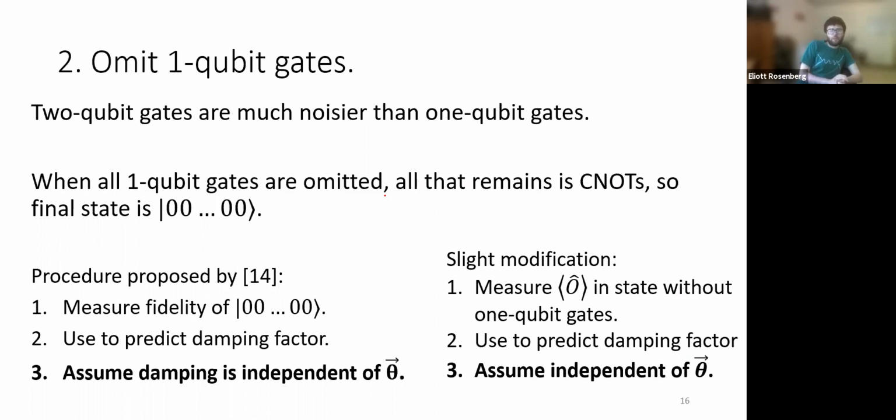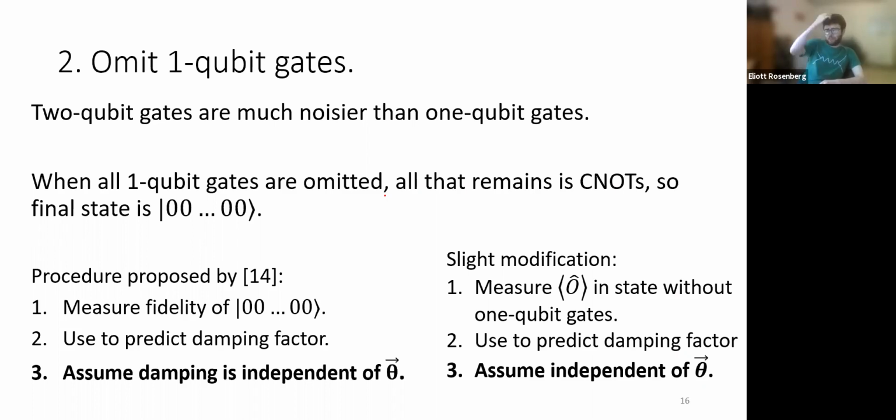This other idea is to omit all of the 1-qubit gates in your quantum circuit. Now, this might strike you as kind of funny because then you get a very different circuit and a very different final state. But the motivation is that the noise mostly comes from the 2-qubit gates.